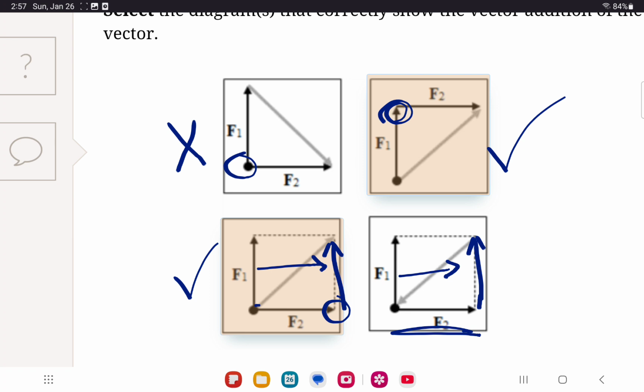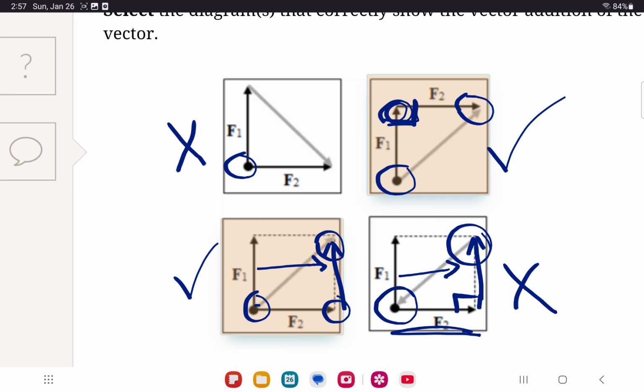Another point I forgot to tell you about. We only care about the right angle being different, okay? The other angles should be the same. So the same here, here the same, and here the same, okay? So if we put this angle here, the right angle will be right. But then here we'll have a head and a tail, and here we'll have a head and a tail, so it will be wrong, okay? I'm not trying to complicate things, but this is what you have to remember for questions like these, okay?